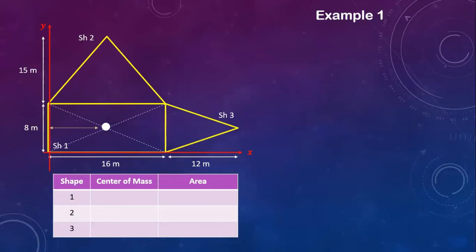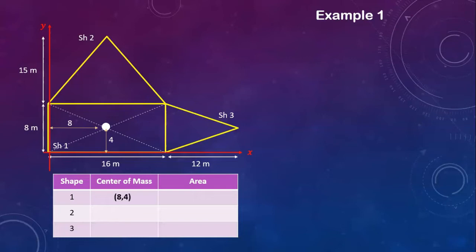We find that the center of mass of this shape on the x-axis is half of 16, which is 8 meters. And for the y-axis it is half of 8 meters, which is 4 meters.